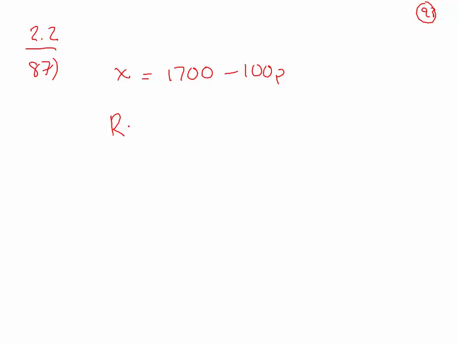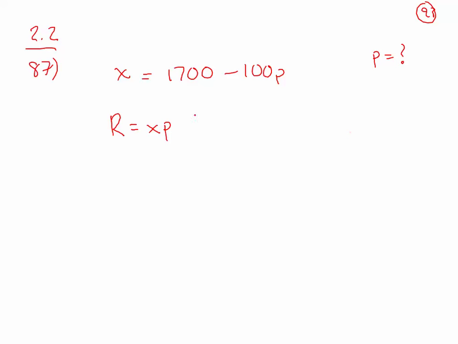The revenue equation is always how many items you sold multiplied by the price that you sold them at. So that's what we need to plug in, and we want to know what price. So eventually I want to know what p is. That's kind of the question here.